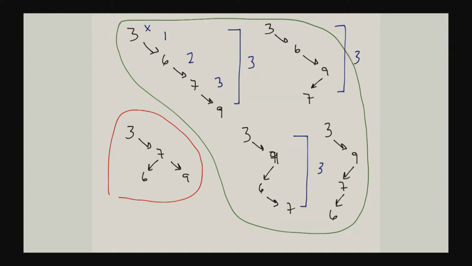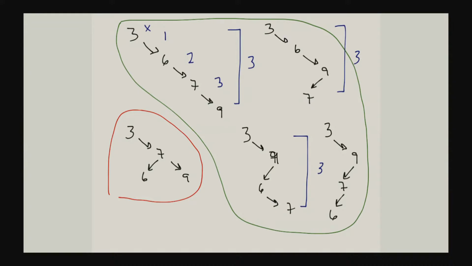So that's part of what makes them degenerate, is that their height is just 1 less than the number of nodes in the entire tree. If we look at this other tree that's encircled with red, on the other hand, we see that the most distant leaf nodes are the 6 and the 9, right?